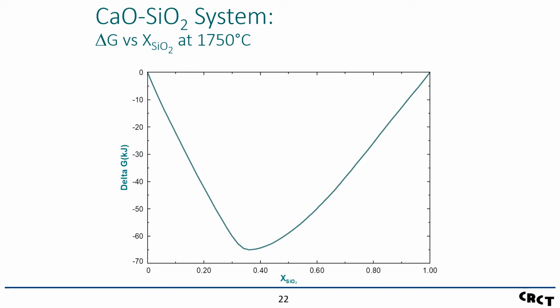Now in the calcium-silica system, we notice that we have this kind of shape. The Gibbs energy of mixing is extremely negative. The ideal mixing is somewhere up around here, -10. Very, very negative, and this V-shaped negative peak is around 33%, which is the Ca2SiO4 composition.